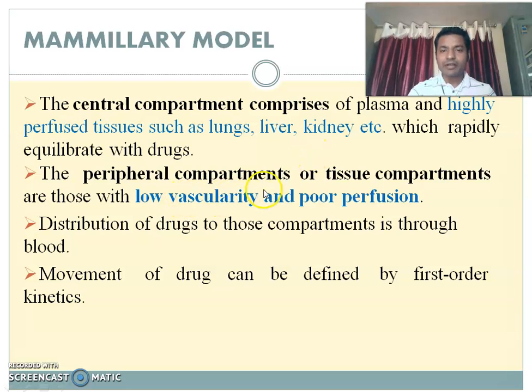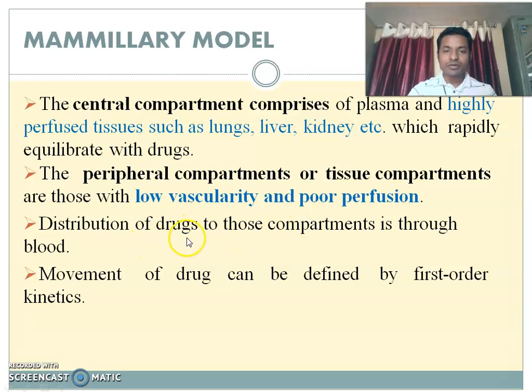Then the peripheral compartment or tissue compartment. What are the peripheral compartments? These are the group of tissues which have low blood flow or low vascularity. As there is low blood flow or poor perfusion, they equilibrate with the drug slowly. They absorb the drug slowly.